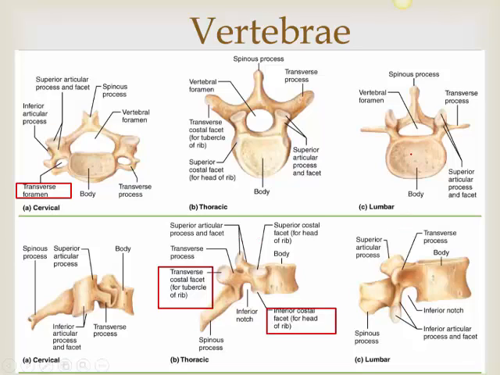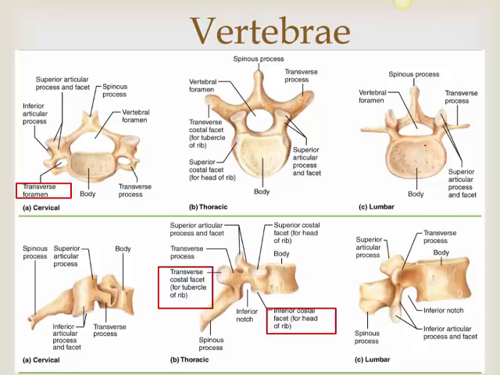A lumbar vertebra is differentiated by elimination. If you do not see transverse foramina in the transverse process, it's not cervical. If you don't see costal facets on the body and transverse process, it's not thoracic. So by the process of elimination, you take a lumbar vertebra. If it is from the same body, usually a lumbar vertebra is the largest of all the vertebrae.